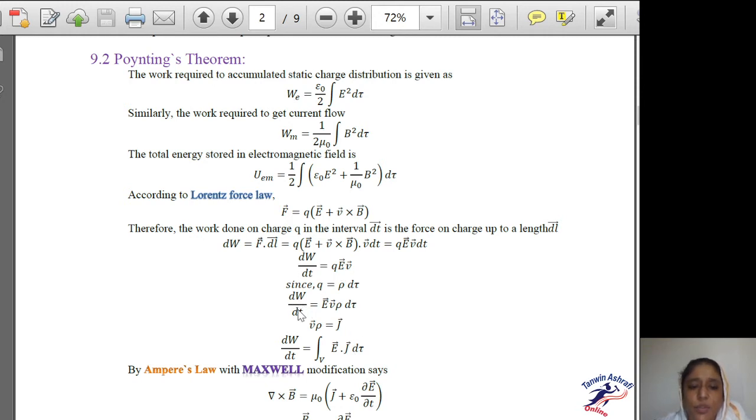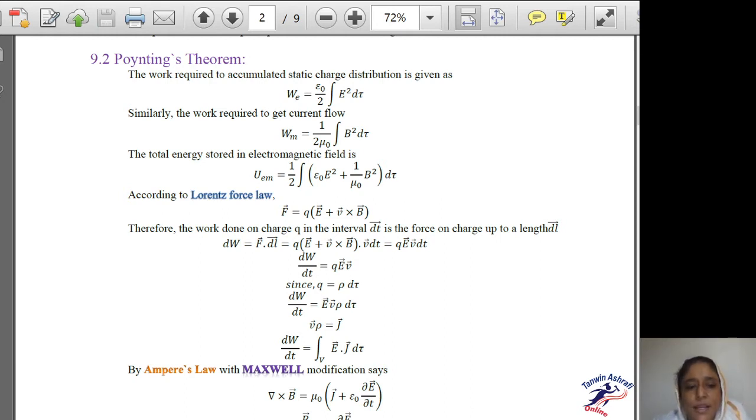Therefore, dW by dt, the derivative of work done with respect to time, is equal to the electric field E vector dotted with the velocity times rho. Now this rho times velocity is nothing but the current density J. Therefore, we get the rate of work done as an integration over volume of E dot J. Now let's consider this E dot J term, which is under the integral, and try to find what E dot J will be.